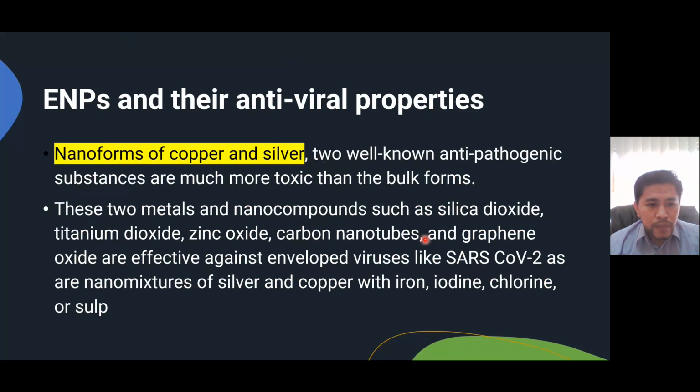And nano compounds such as silicon dioxide, titanium dioxide, zinc oxide, carbon nanotubes, and graphene oxide are all effective against enveloped viruses such as SARS-CoV-2, as is a nanomixture of silver and copper with iron, iodine, chlorine, and sulfur.